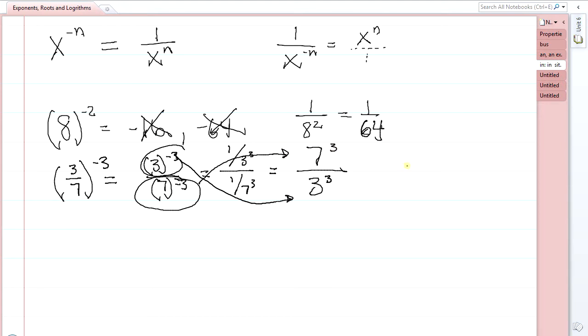So if you really look at this, what I'm saying is you could have all along said 3/7 raised to the negative 3 could have been written as 7 over 3 to the positive 3. Again, apologize for the pen. And since 7 cubed is 7 times 7 times 7, that would end up being 343, and 3 cubed is 27. And that leaves you with your final answer.